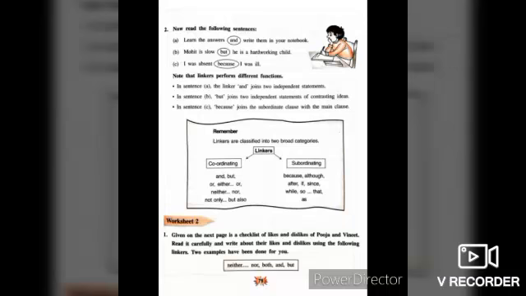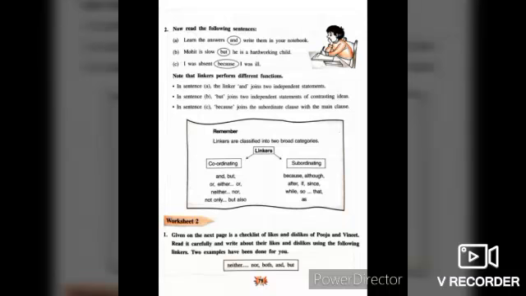For example, I like ice cream, but my brother likes cake. Next is I was absent because I was ill. Here because joins the subordinate clause with the main clause.